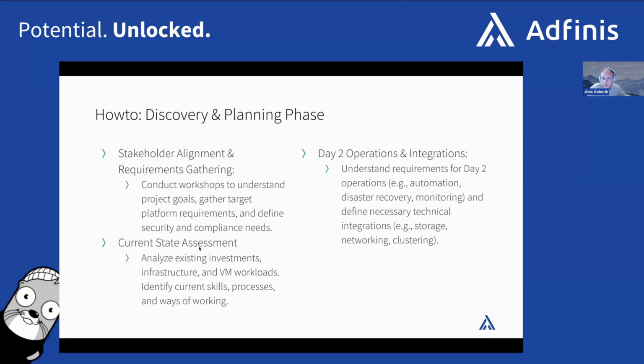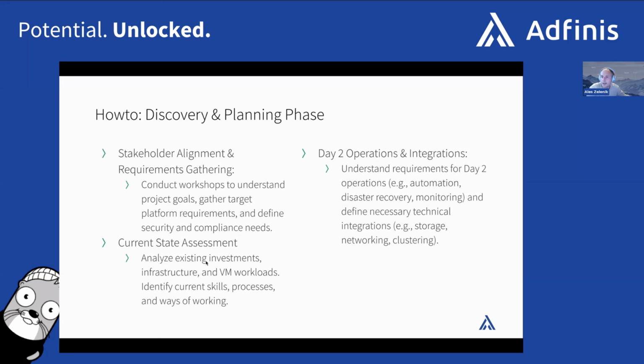So how would you approach that migration? It would be quite a typical process. First, the requirements would be gathered, your goals, and your current environment would be assessed for workloads, what kind of skills you currently have, what the specifics of your workloads are that would need to be addressed, and also to understand how to integrate the OpenShift environment with your existing infrastructure, such as networking and storage.